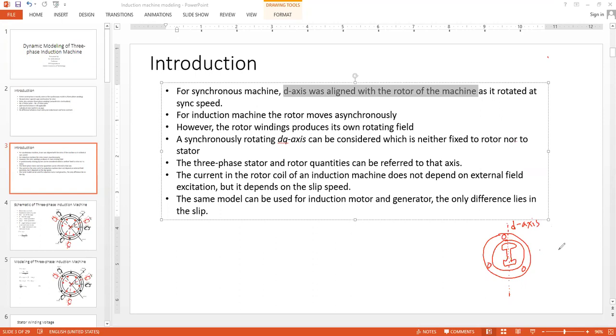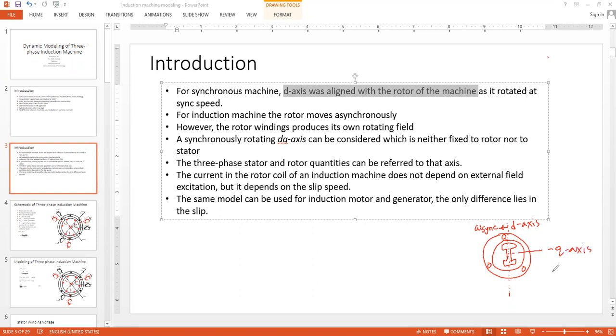And we also assumed that whenever the rotor rotates at steady state, the speed of the d-axis was the synchronous speed, remember. And 90 degrees out of phase, in either direction, we assumed the q-axis.